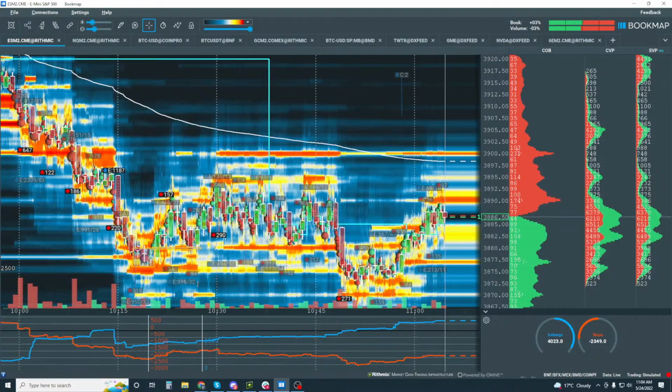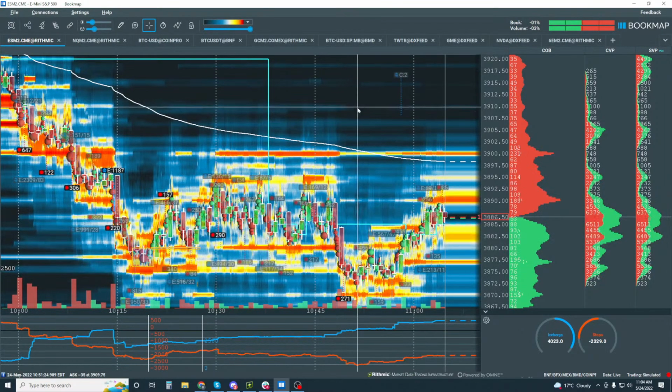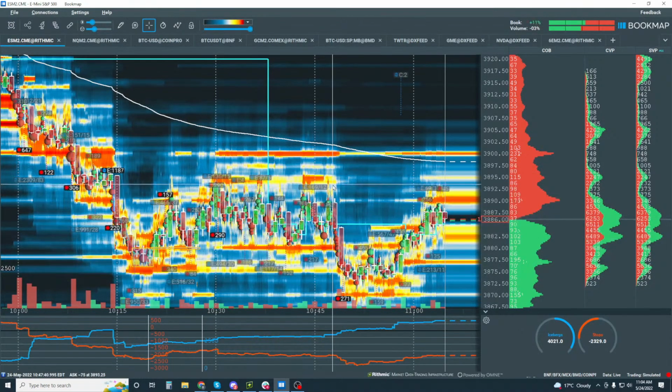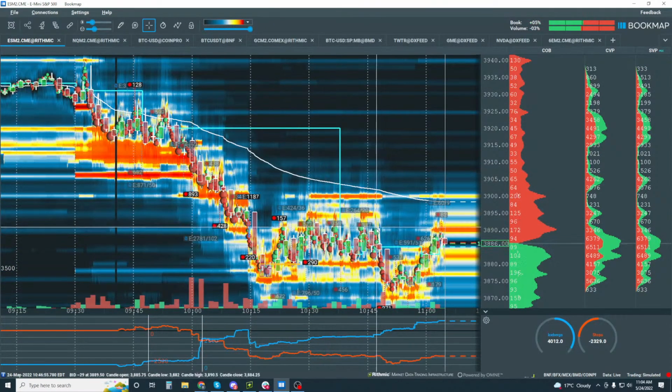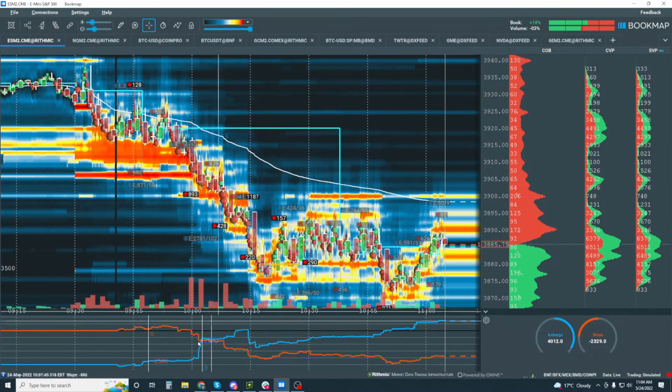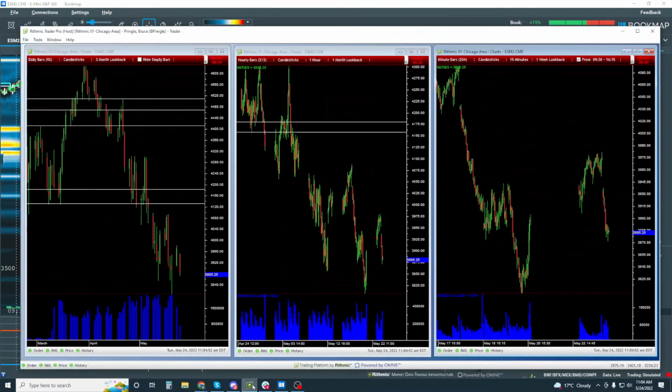So I'm just looking for quick scalps basically, and it's just because of this webinar here. If you were trading on a much higher time frame, you'd probably still be in this, and you'd be looking for continuation down into some of these lower levels.